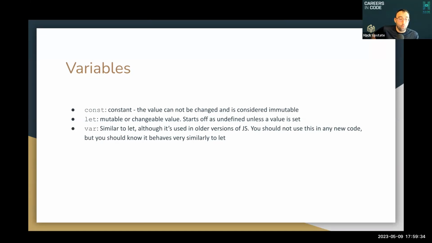And var worked very similar to let. It always let you change the value. However, as JavaScript matured and new versions came out, there was a need to say, hey, there are some constant variables that we shouldn't be able to change. And if we do change it, it should break our code. And so the problem with that was that they wanted to differentiate when const came out.